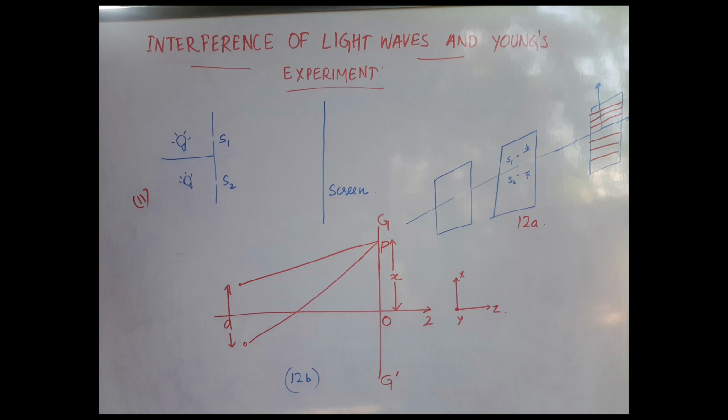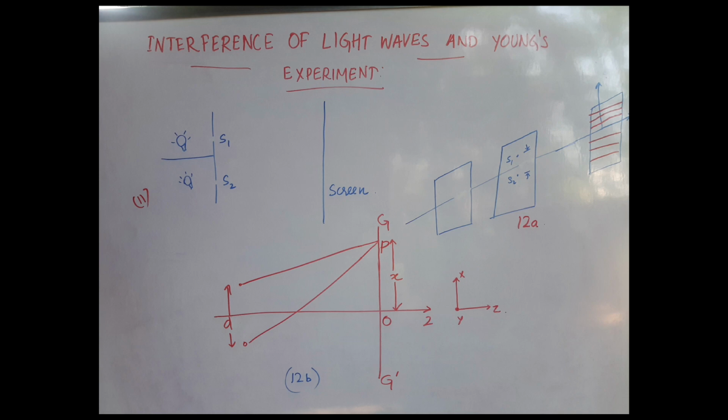So in this diagram, S1 and S2 are the pinholes or the sources, and these two sources are separated by a distance d. At a distance D from the sources we keep a screen, and on the screen you can see the interference pattern. Let us take an arbitrary point P where we can see an interference pattern.